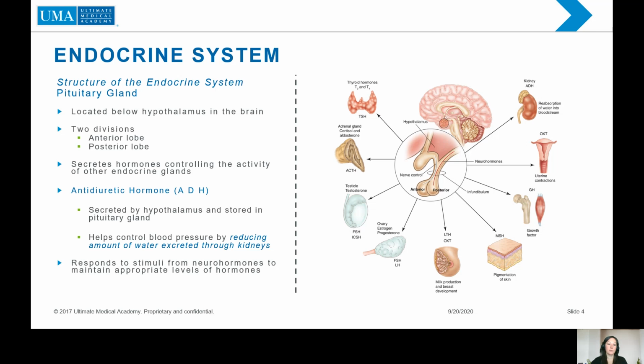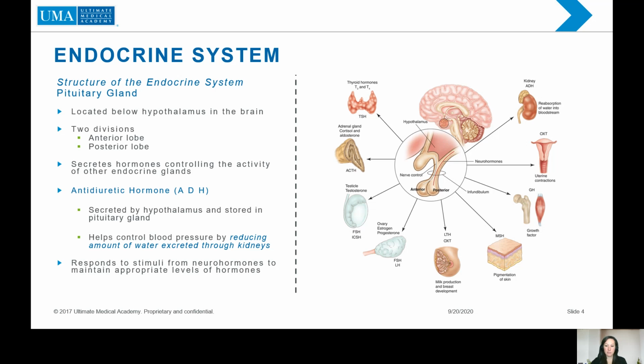So let's start first with the pituitary gland. The pituitary gland is located below the hypothalamus in the brain. As you can see in the diagram, you can see where the hypothalamus is in the brain, and then the pituitary gland is located right below that.